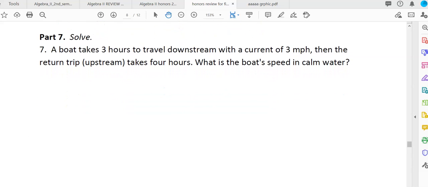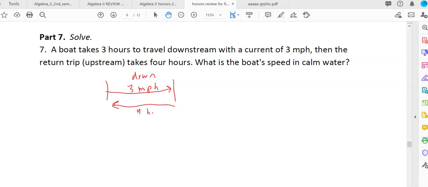So it takes 3 hours to travel downstream with the current. So it's going downstream with a current of 3 miles per hour. This is downstream. The return trip this way takes 4 hours.